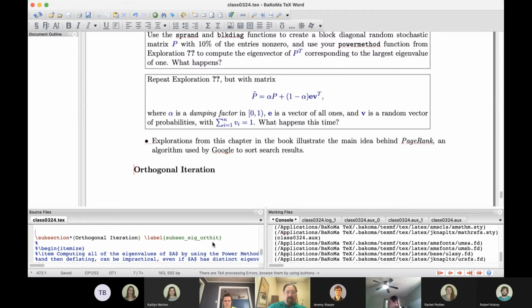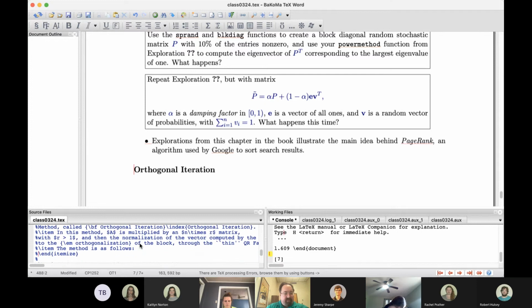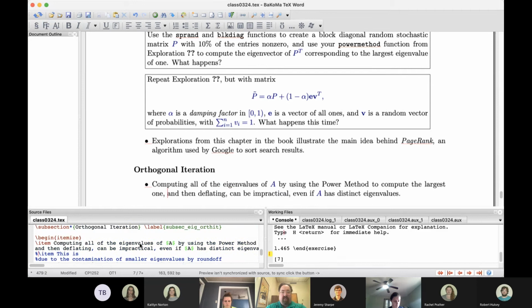So we have a handle on finding one eigenvector, but how can this help us find all the eigenvectors? Well, we can start by trying to find more than one. So we have a way of getting all the eigenvalues, maybe: use the power method, then deflation, to work on finding the rest of them.